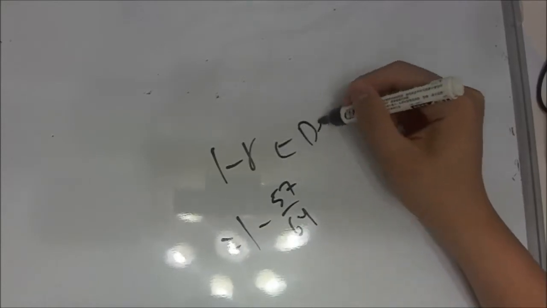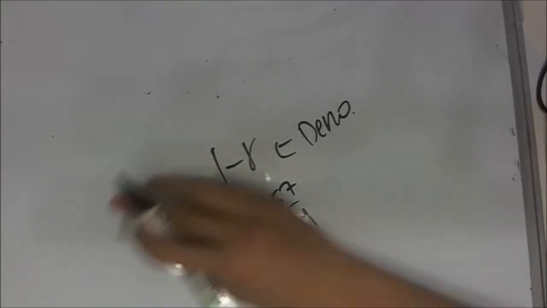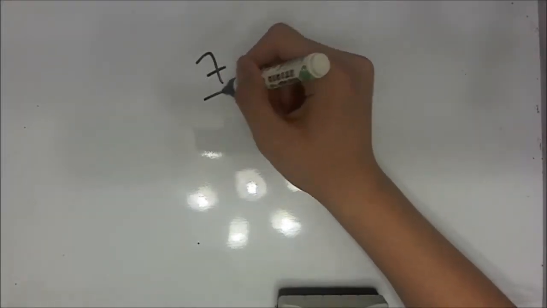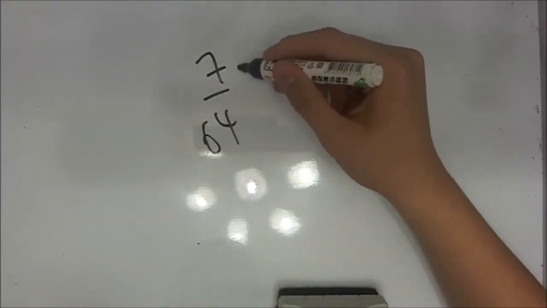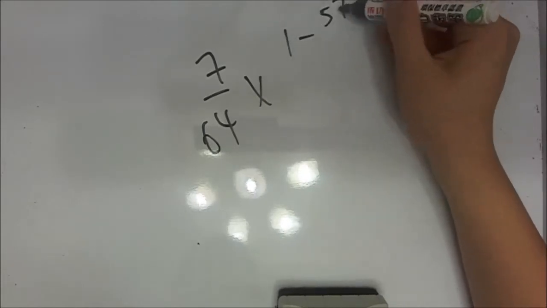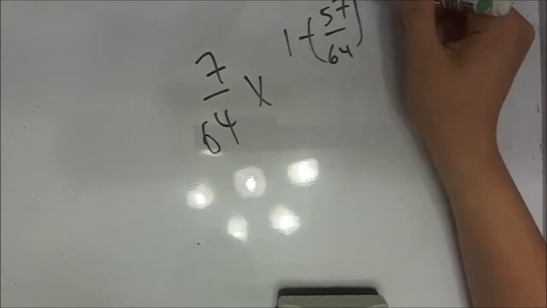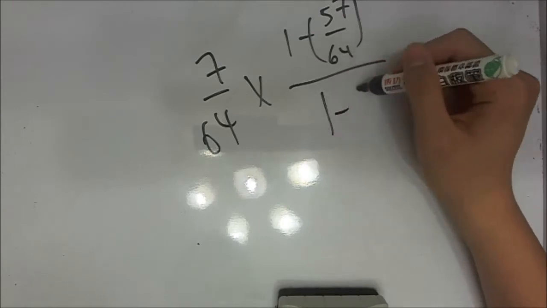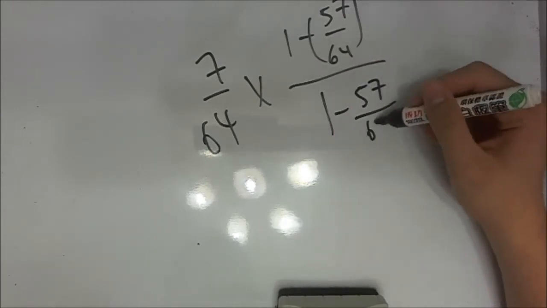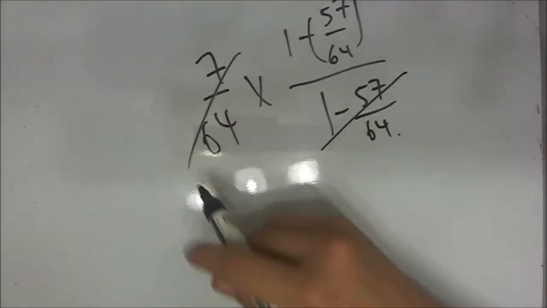Okay, we now have a complete equation: 7 divided by 64 times 1 minus 57 divided by 64 to the power of k, divided by 1 minus 57 divided by 64. We cancel out 7 divided by 64 and 1 minus 57 divided by 64.